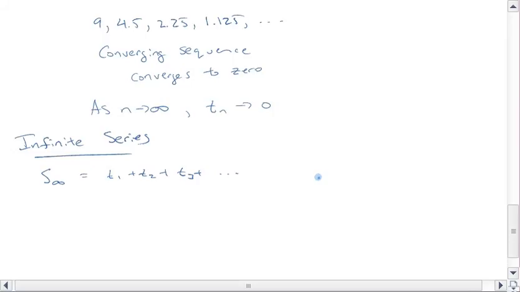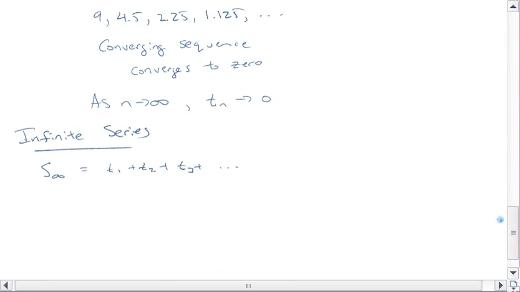There's something kind of special about the series of a converging sequence when it converges to 0, because oftentimes you can work out that you can keep on adding and adding, but you still get a finite number that this thing adds up to.